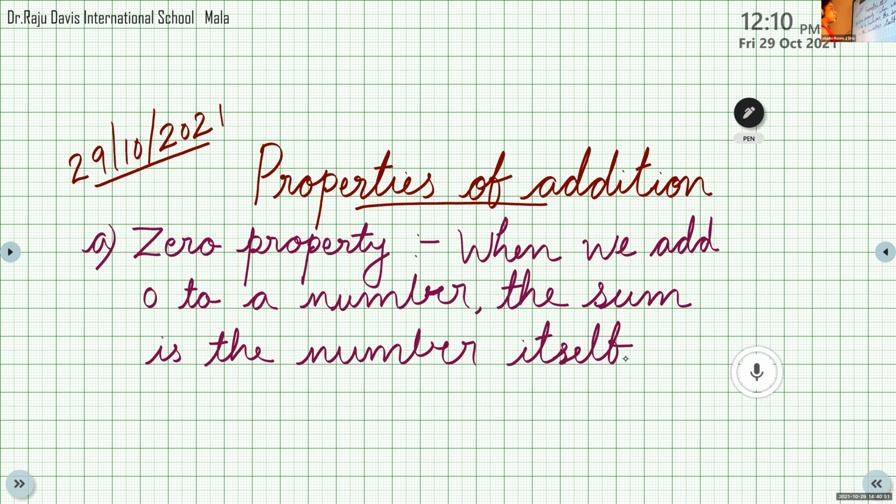Please write in neat handwriting. Zero property: when we add 0 to a number, the sum is the number itself.